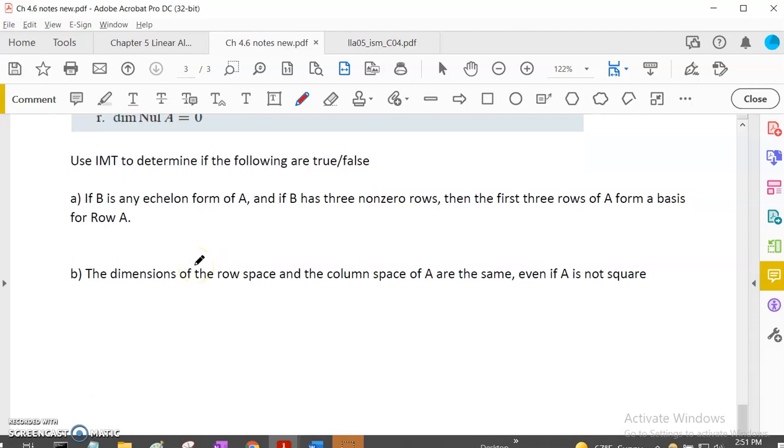So use this to answer true or false. If B is an echelon form of A, and B has 3 non-zero rows, then you know all non-zero rows are always in the front, the first 3.